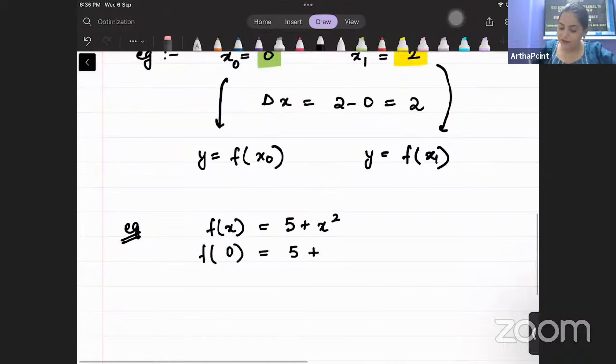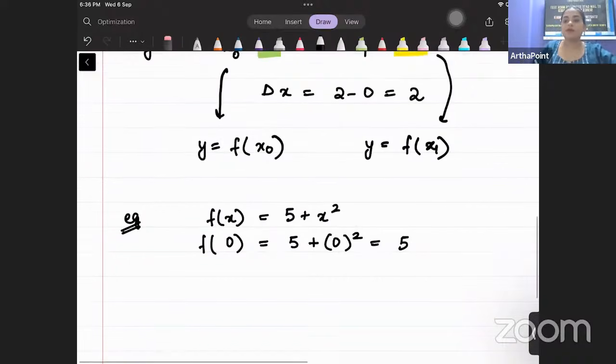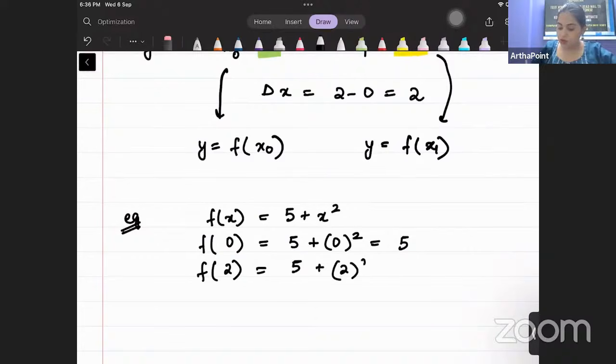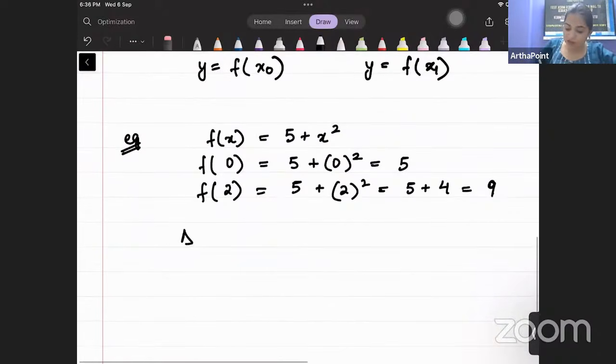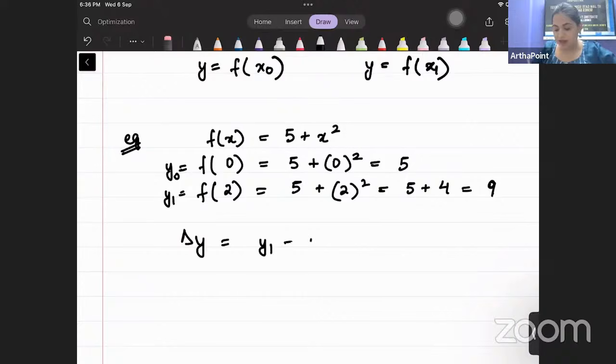You will get 5 plus 0 square, which means 5. Beta, what is the value when you put x as 2? Then this will be 5 plus 2 square, 5 plus 4, that means 9. है ना? So ये तो y हो गया, right? This is y0, this is y1. So what is the change in the value of the y? So y is changing, that means y1 minus y0, that means 9 minus 5, that means 4.